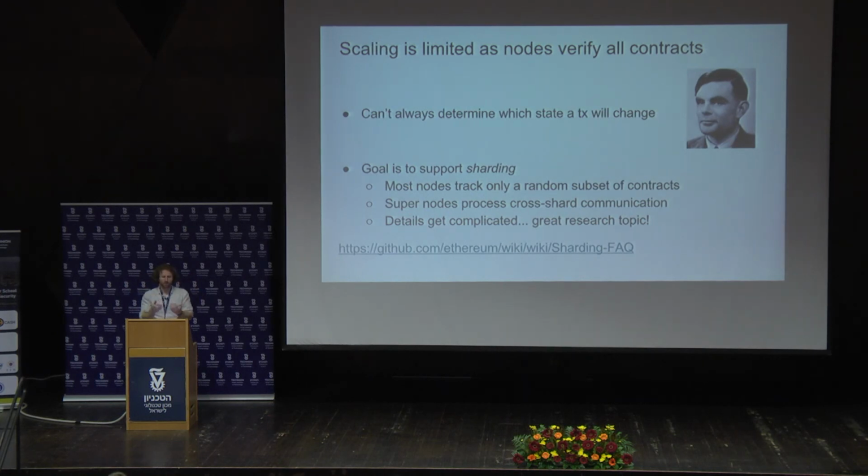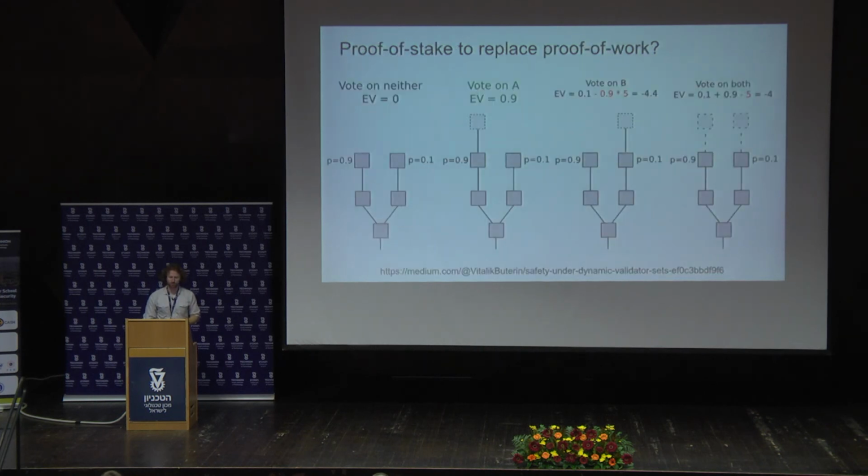That's sort of an inherent part of the fact that this language is universal. You don't know what the code's going to do. So the details of how these sharding proposals work get really complicated really fast, but this is a really important problem to solve. And the last one I was going to say is switching to proof of stake.